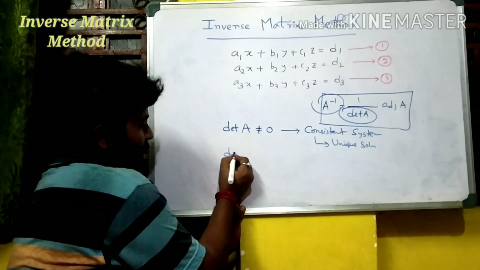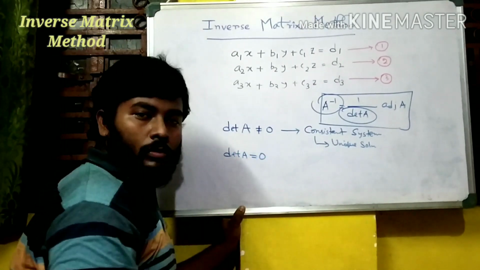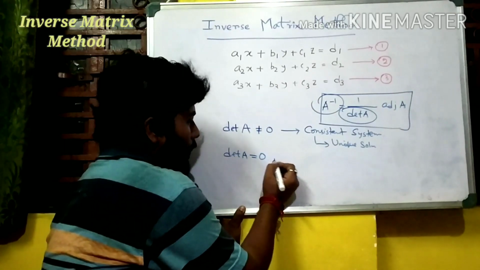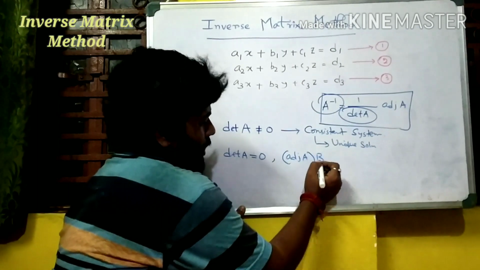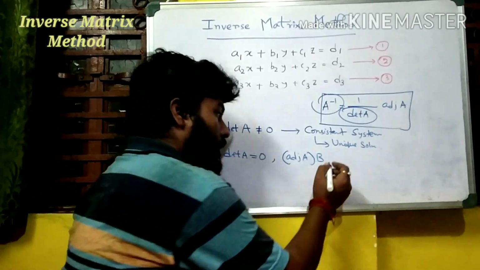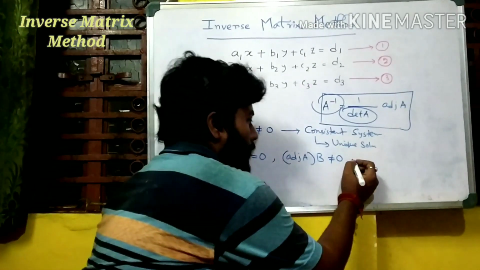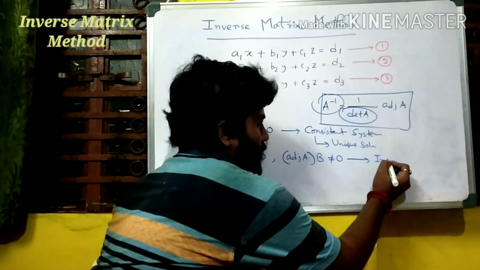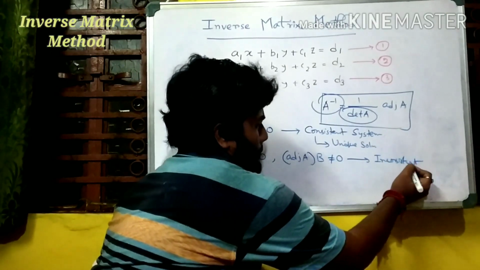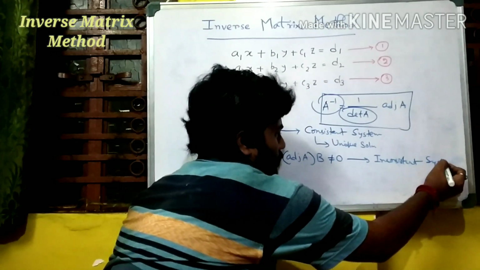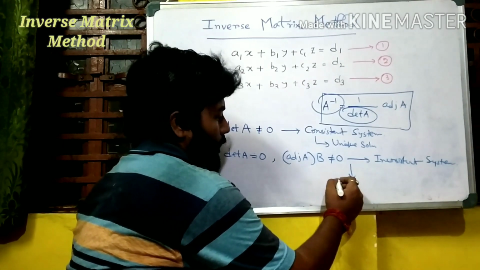If determinant A is equal to 0, but adjoint A into B is not equal to 0, then this system will be called an inconsistent system, and no solution can be found.